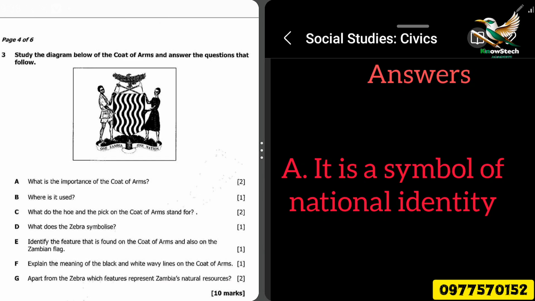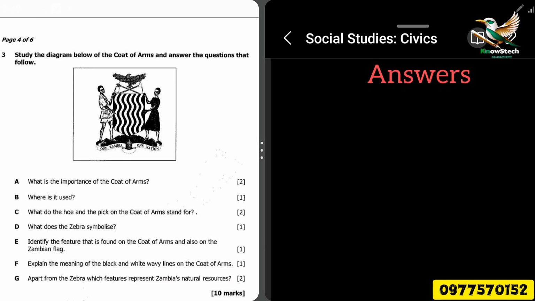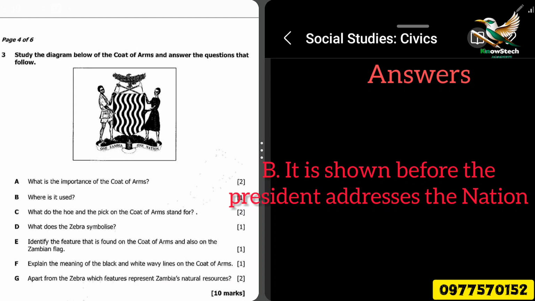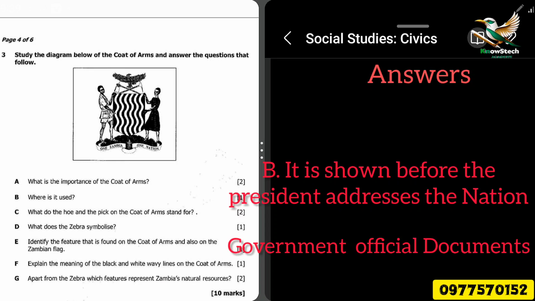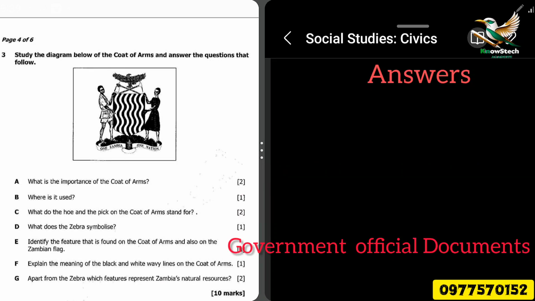So if I wear a t-shirt with this symbol, it symbolizes that I'm coming from Zambia. Where is it used? It is shown before the president addresses the nation, and also on government official documents. Are we together, my friends?